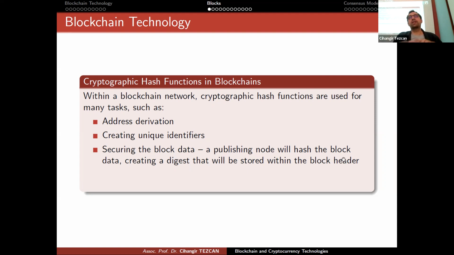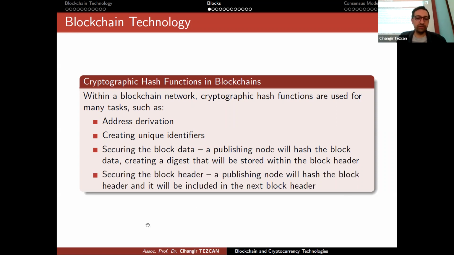Maybe you can simply hash the whole block data, but in Bitcoin or cryptocurrencies, we want to search in a very fast way to find the transaction. So instead of hashing the whole block, we actually take the hash of every transaction, then take the hash of pairs of transactions to create a Merkle tree, and then at the top we obtain a Merkle tree hash value and put that in the header.